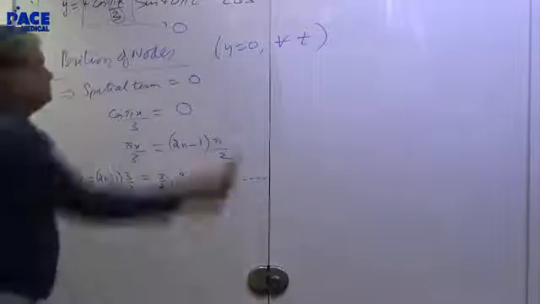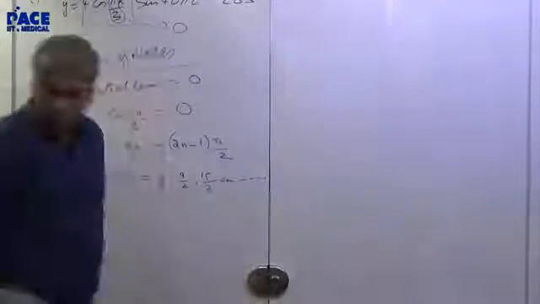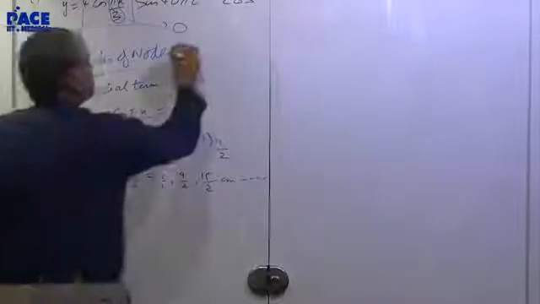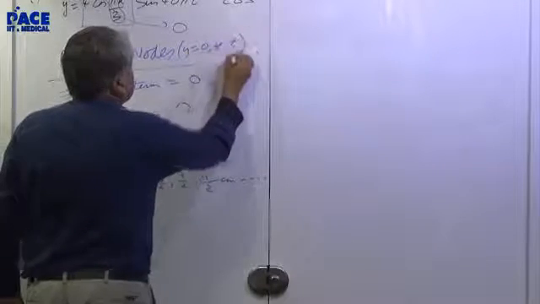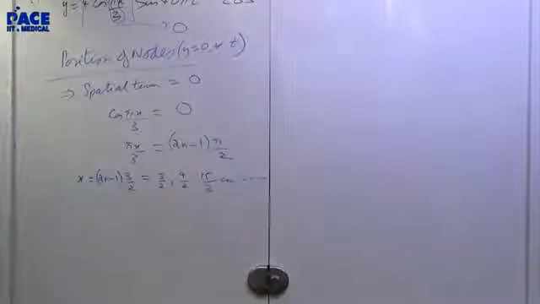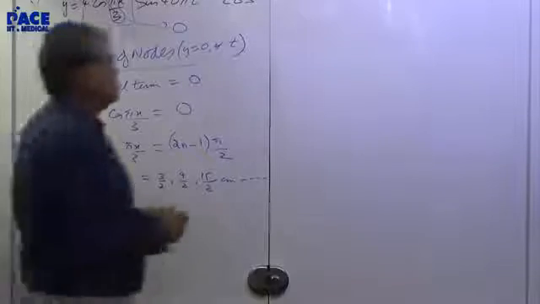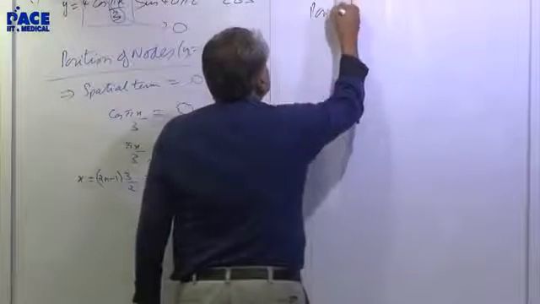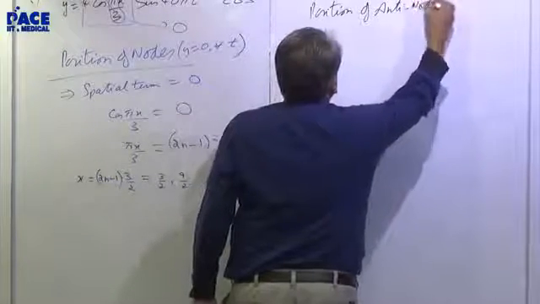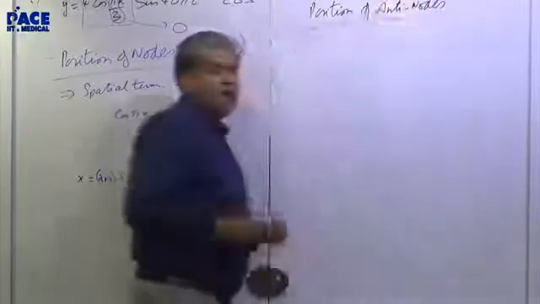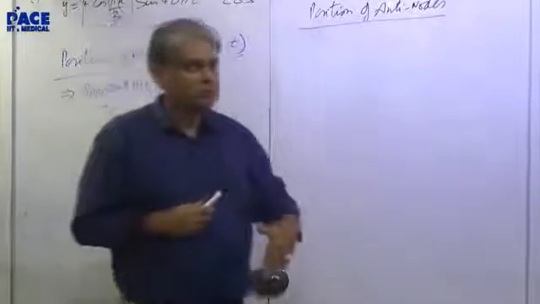So likewise, what will be the position of antinodes? See, antinodes is the maximum amplitude. Amplitude means both sides, upward as well as downward.